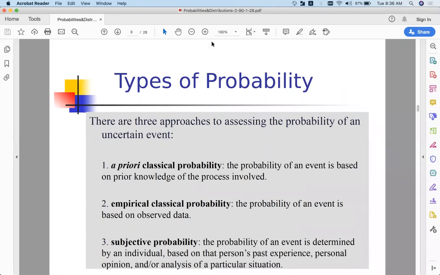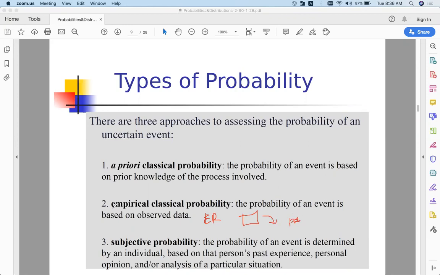For example, in the emergency room example, you do not know how many will come, so you collect the data, and once you have collected it, you come up with the probabilities. That is an example of empirical probability, where you do not know the process.